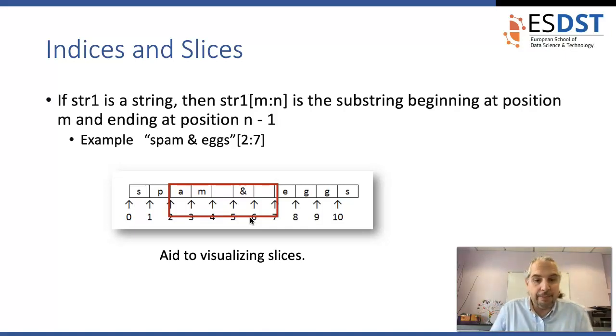The last item is not taken. So here, if I say spam and eggs 2 colon 7, it will start from character 2, which is the third character, A, and will go up to character 6, 7 minus 1. So if I say print spam and eggs square bracket 2 colon 7, it will print space ampersand space, whatever is circled with the red circle here.